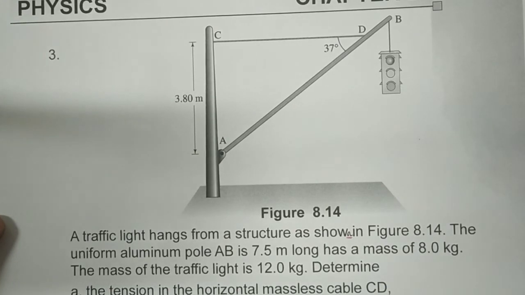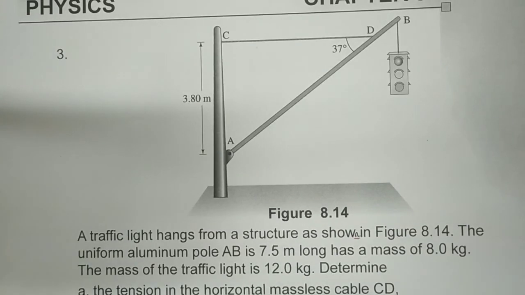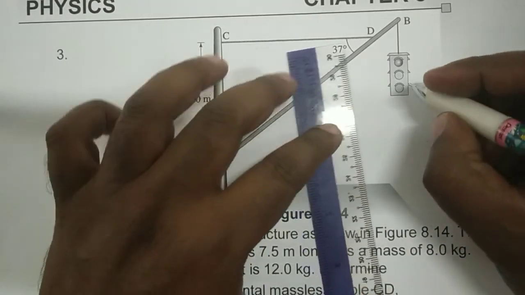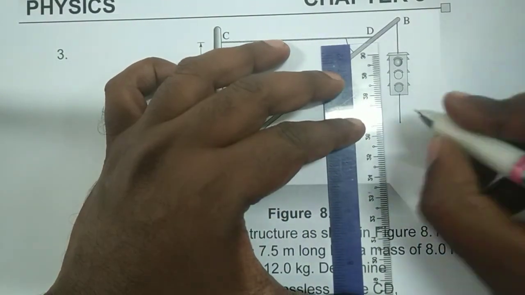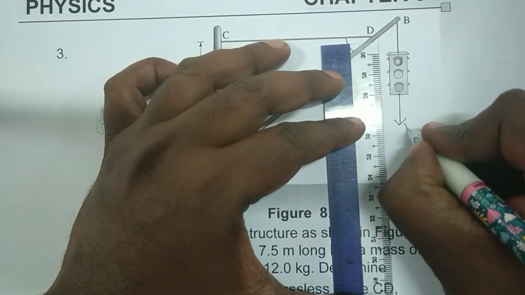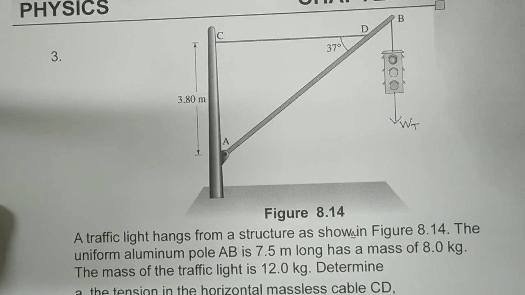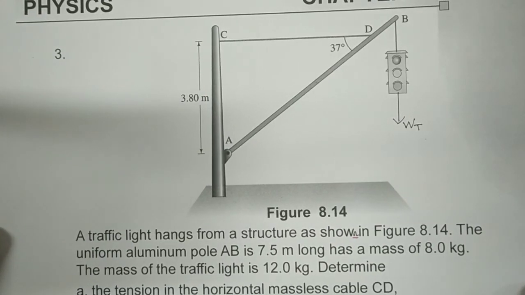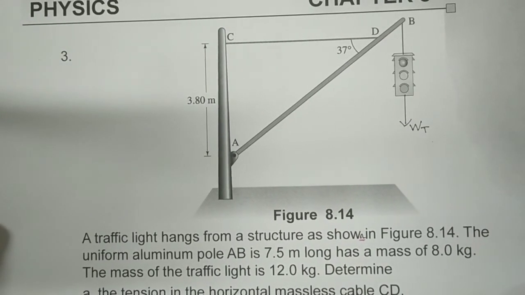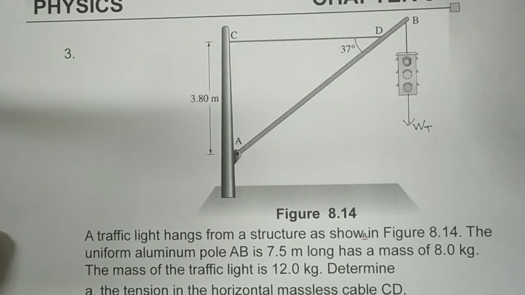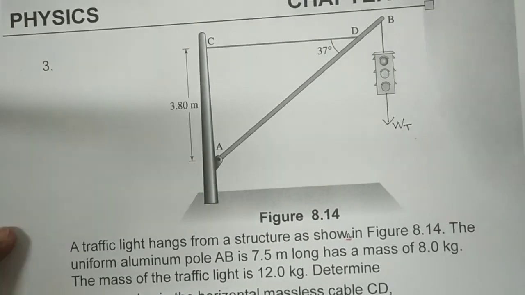For step 1, let us draw all the directions of the gravitational force, vertically downwards, so called weight. Traffic light as weight T. Weight of the uniform aluminum pole at center of gravity.